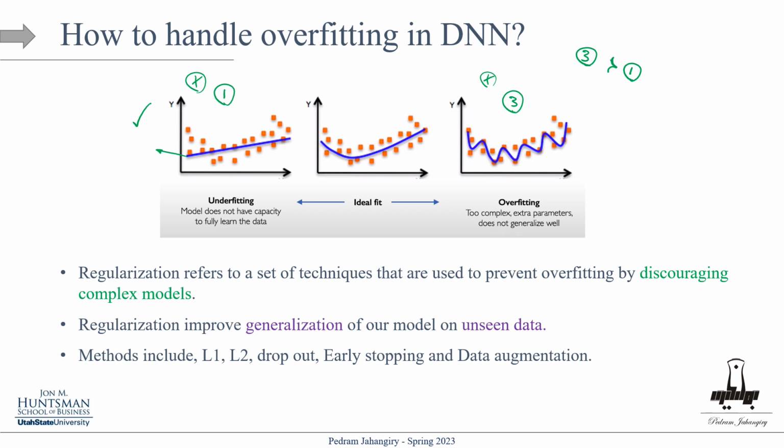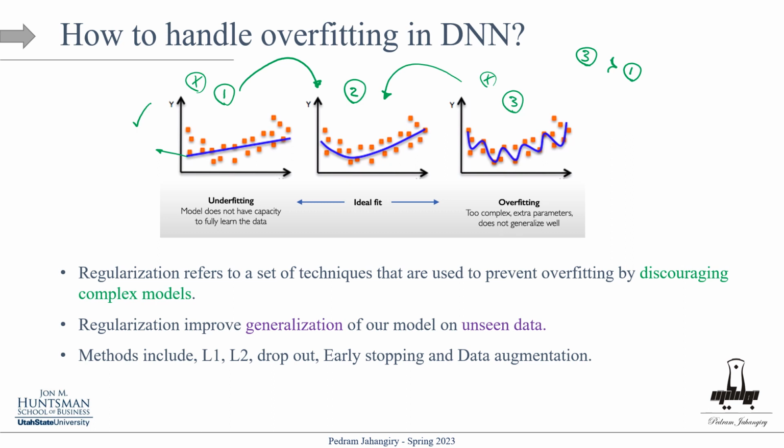And then if I have that model, I can go ahead and prune it back, regularize it back to a less complex model, right? I can go from model number 3 to an optimal model, let's say model number 2. This is an ideal fit, right? But it is hard for me to go from model number 1 to model number 2, because going from 1 to 2 means that I'm missing something, right? So the model is not capturing the pattern.